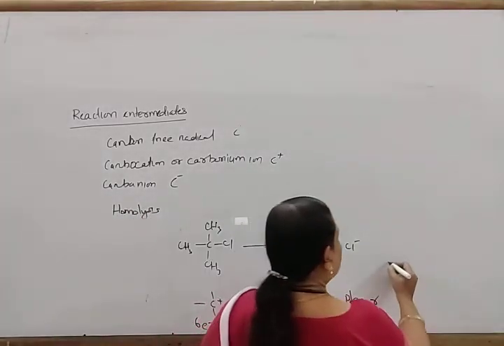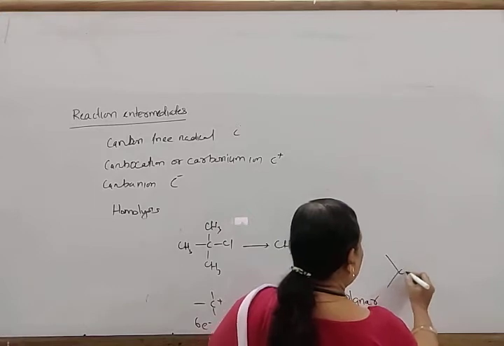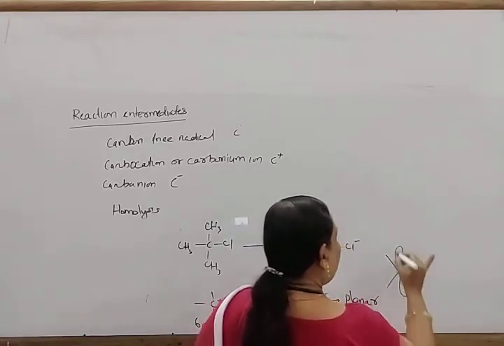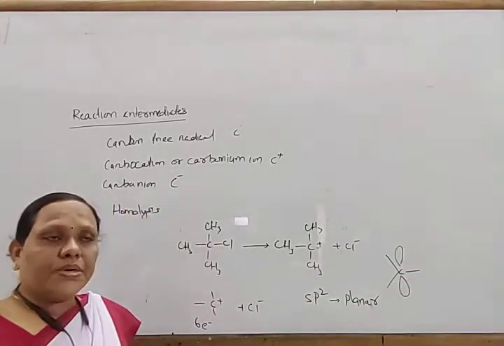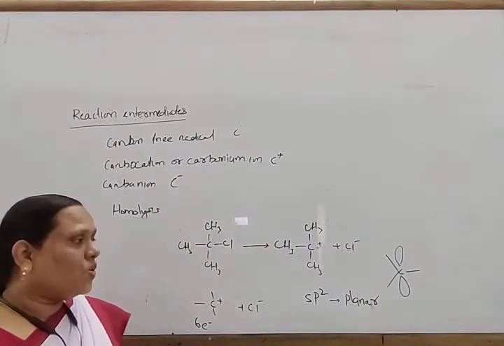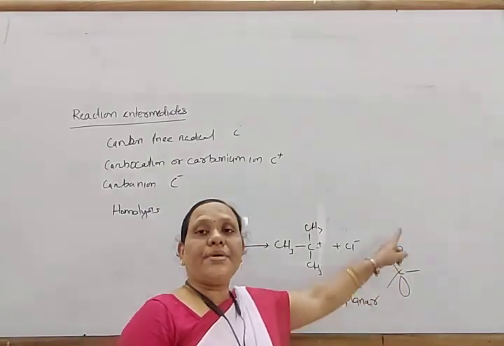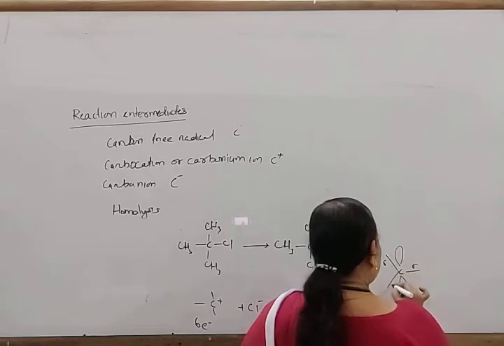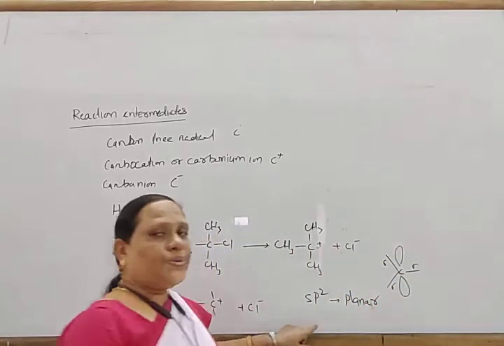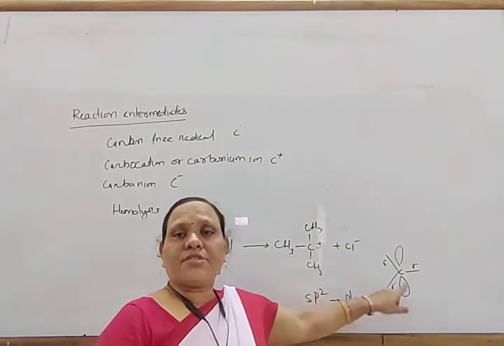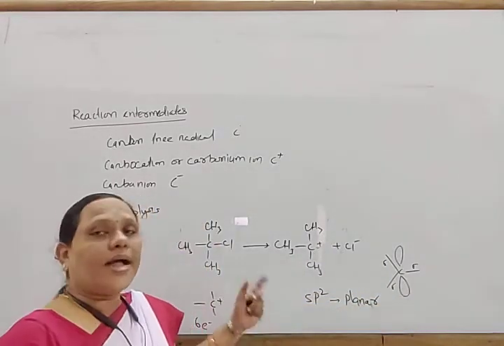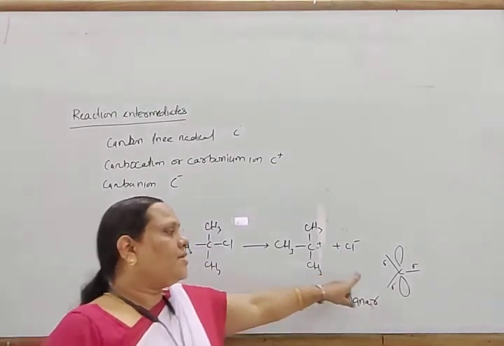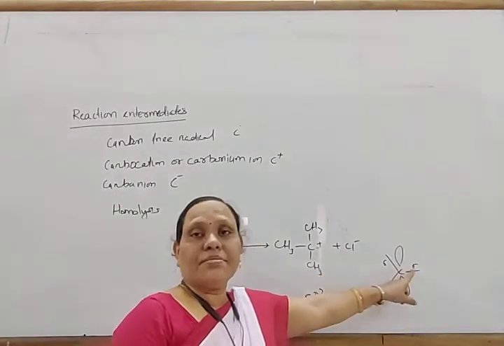In this way, its structure is similar to that of the free radical, except that the free radical contains an unpaired electron, whereas here there is no electron in the unhybridized p orbital. There are 3 sigma bonds, the hybridization is sp2, and the 3 sp2 hybrid orbitals form 3 sigma bonds with either hydrogen or alkyl groups or any other derivatives.